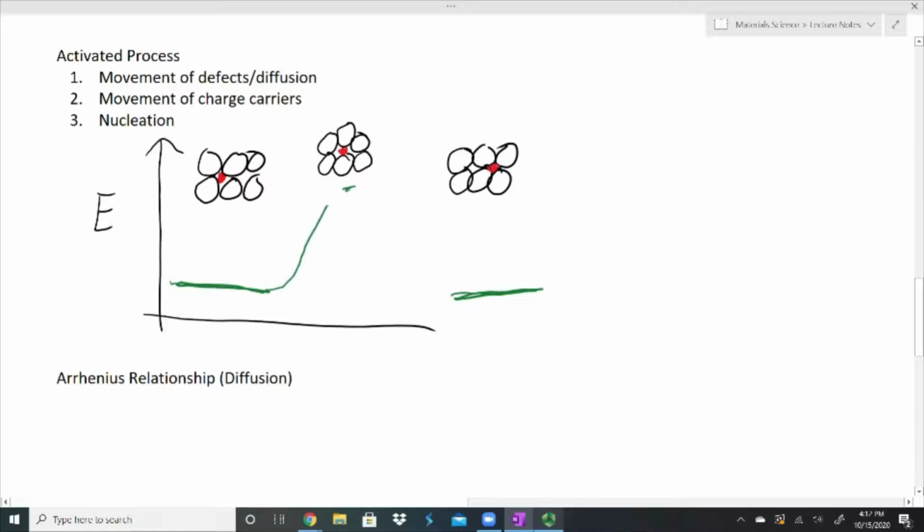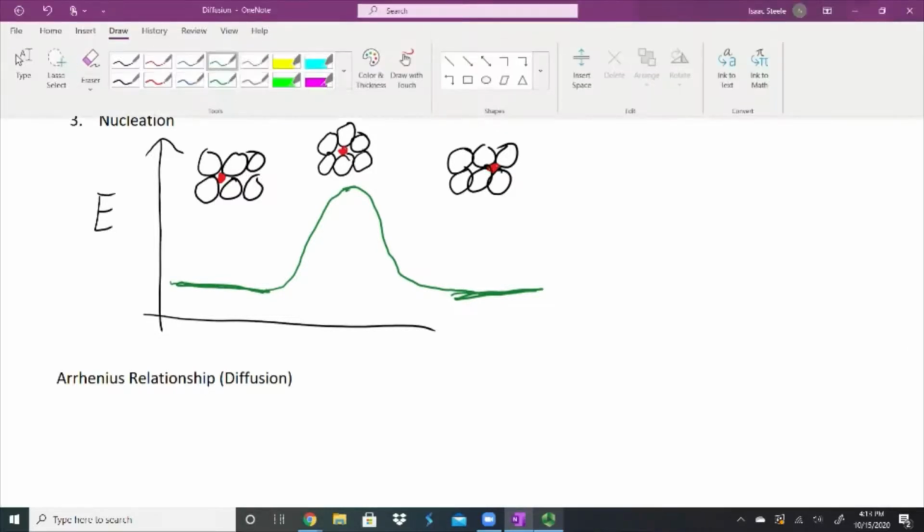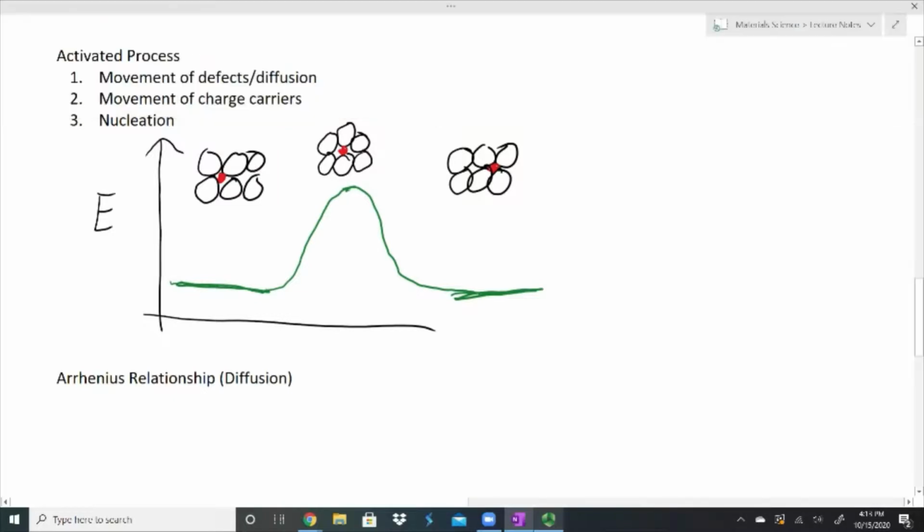So at some point, we had extra energy in there doing something. There has to be some type of activation energy. So this energy here, that's our difference in energy. That is my EA, my activation energy, sometimes referred to as Q.